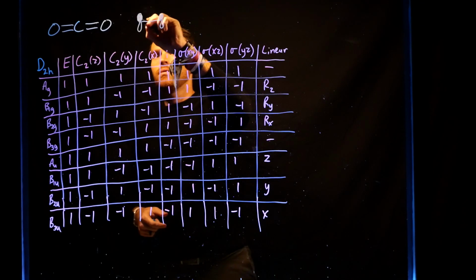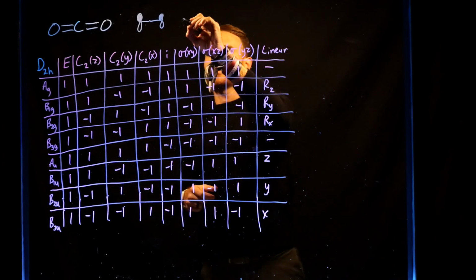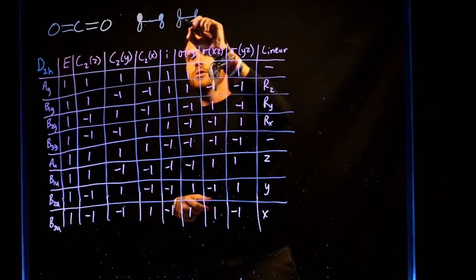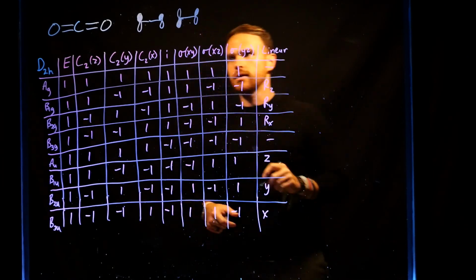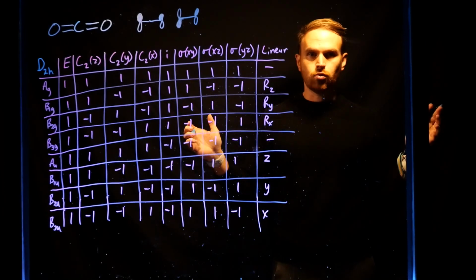And let's do both the configuration where the phases are aligned and the configuration where they are not aligned. So we can draw one like this and one like this. And that gives us two of our options for the px orbitals.